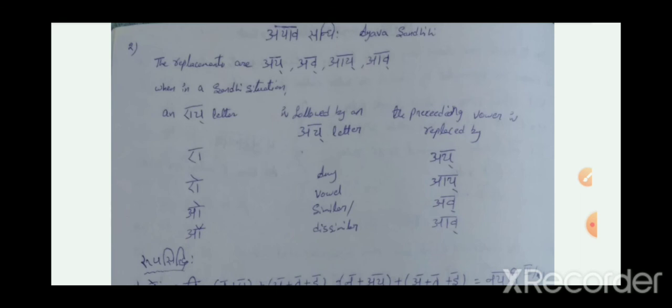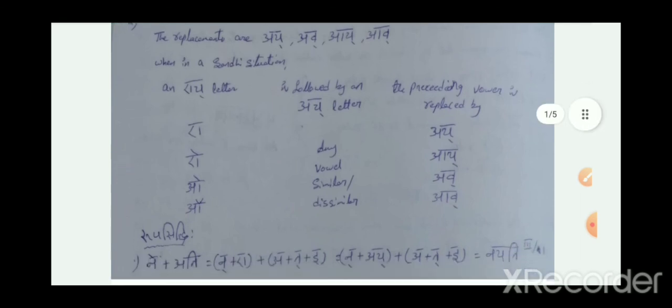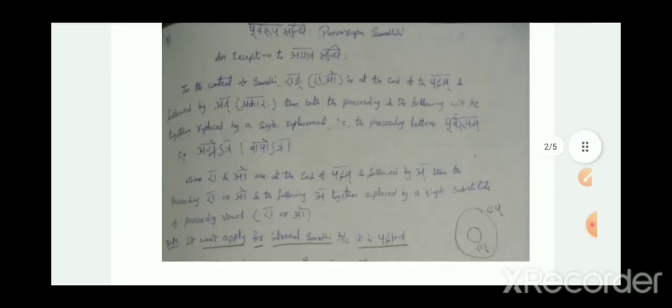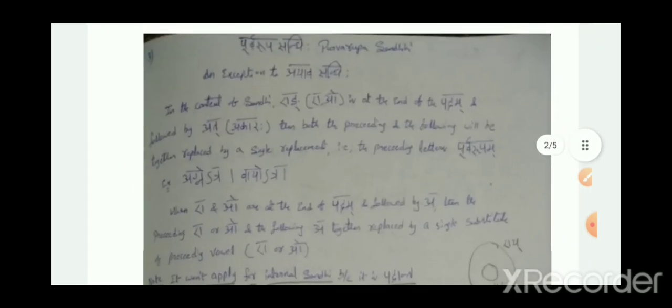But Purvarupa is an exception to Ayava. What is that exception? See here, Purvarupa is when A or O are at the end of a padam. At the end of a padam means the sandhi is happening between two fully formed words. Two fully formed words should be there, then only this exception will be applicable. That you remember.